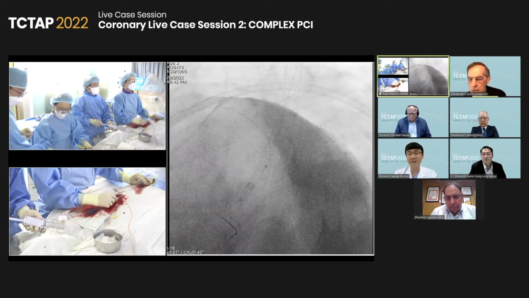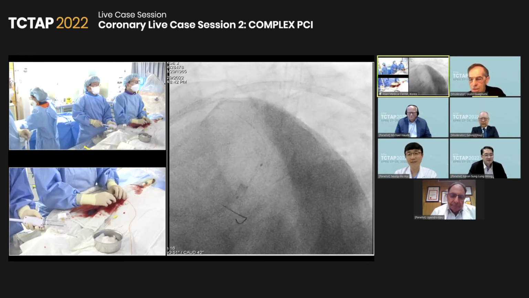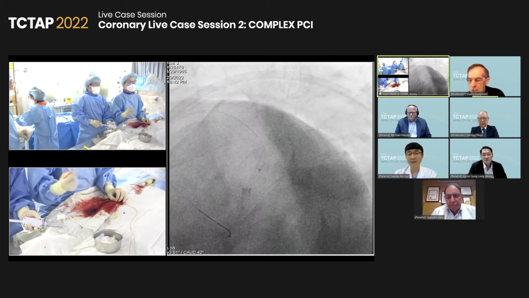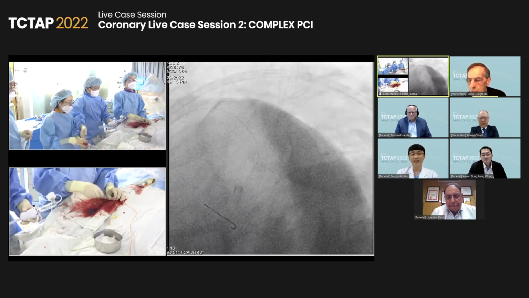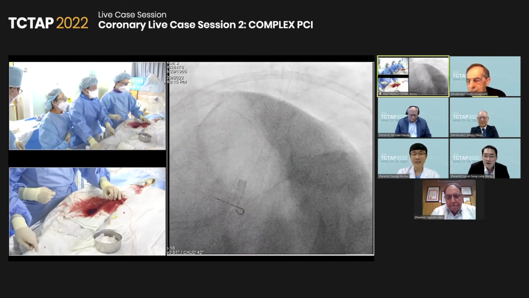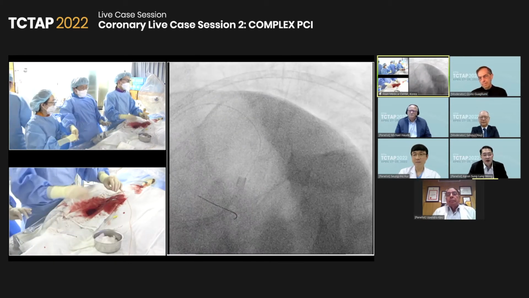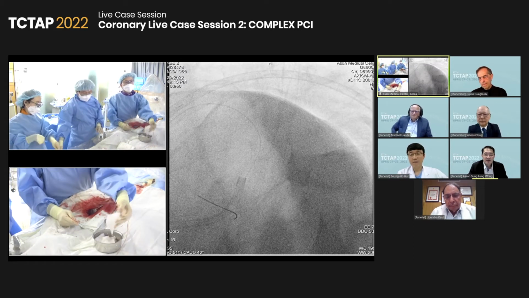Okay, Aaron, very interesting. You saw a few seconds ago during the inflation that the calcium is totally asymmetric. You have a non-expanding balloon on the left side. So please make a comment on your selective lesion preparation. I think what they're trying to do is deal with the circumflex first and then prepare the LAD lesion.